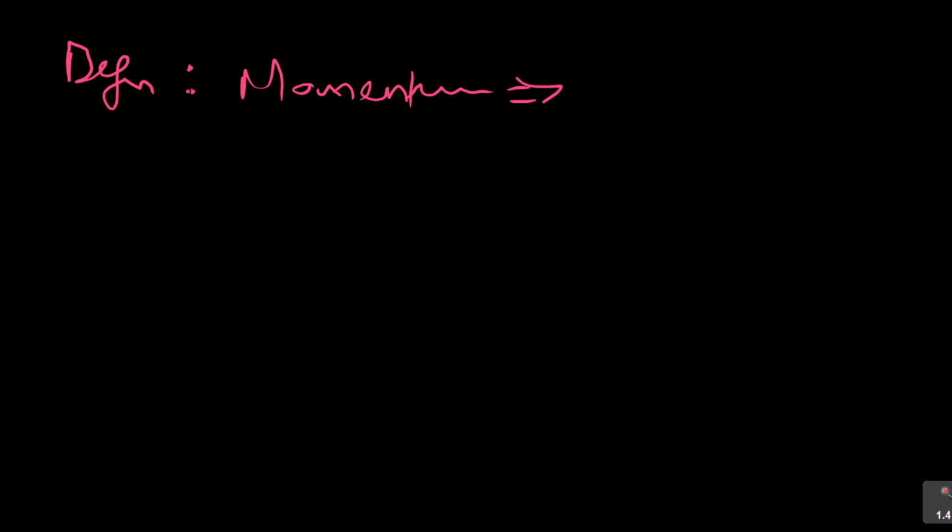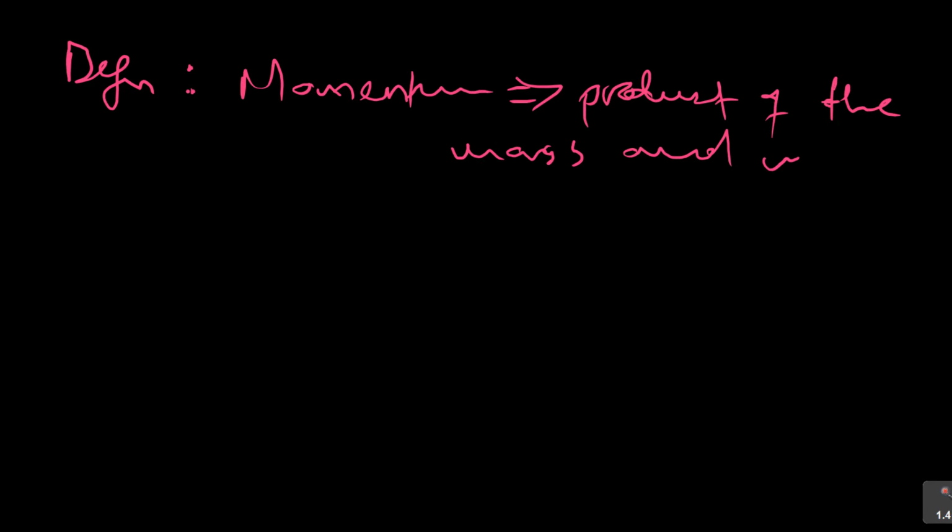The first thing that you need to be aware of is the definition of terms, and when we're dealing with energy and momentum, let's start with the first one, which is momentum. If they say define momentum, what I'm going to say is that it is the product of the mass and velocity of an object.